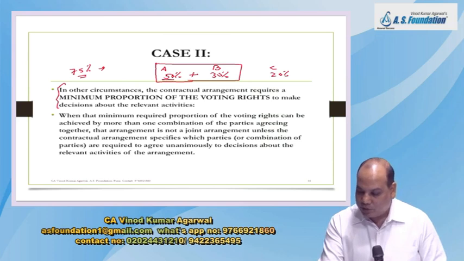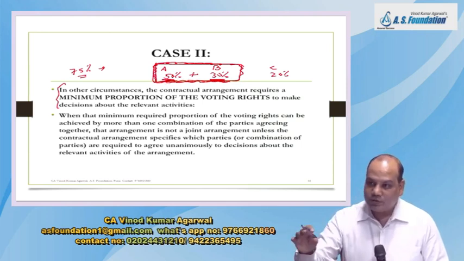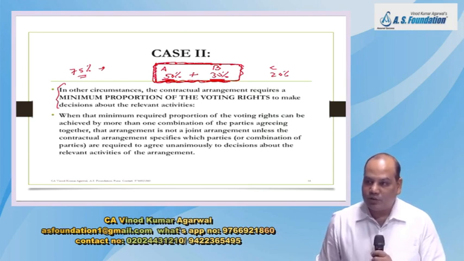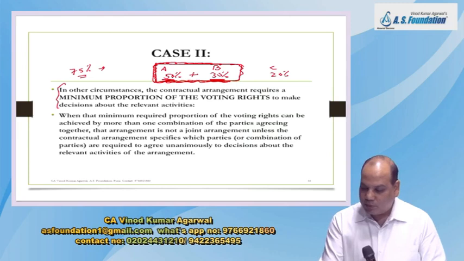And if A and B have the control over the relevant activities and the terms of the joint agreement provide that A and B must agree unanimously, then in this case this will become a joint arrangement, right? So when that minimum required proportion of voting rights can be achieved by more than one combination.